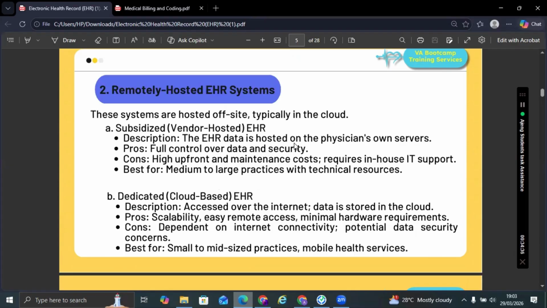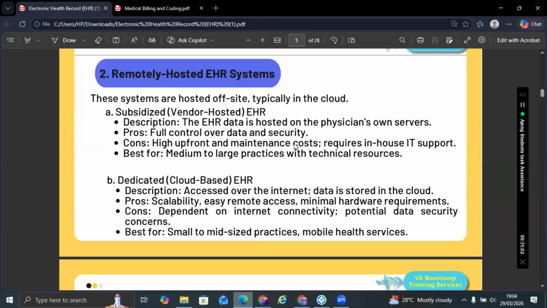Description, the EHR data is hosted on the physician-owned server, and pros is full control over data and security, and the cons is high upfront and maintenance costs, requires in-house IT support, and this is best for medium to large practices with technical resources.